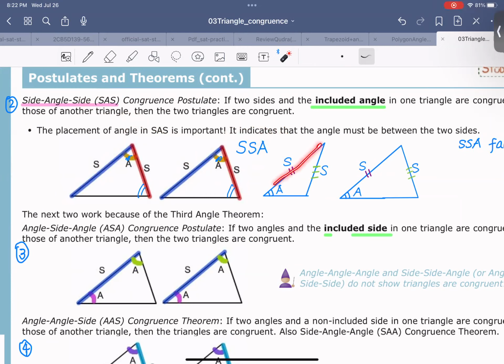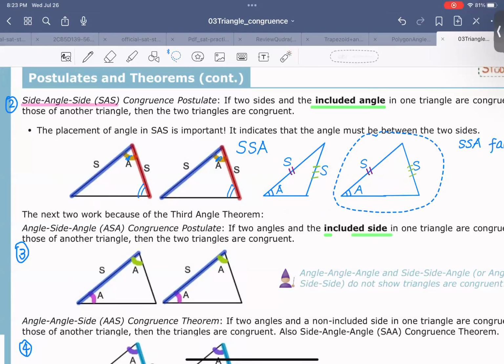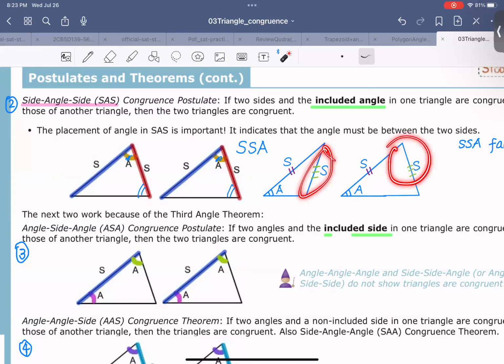You have the angle like this. You have this side equal to this side. You can make this side equal this side, and you can make this angle equal this angle. But these two triangles are not congruent. Look. See? These two sides are equal, right? This angle is equal, and this green side is equal, but these two triangles are not.